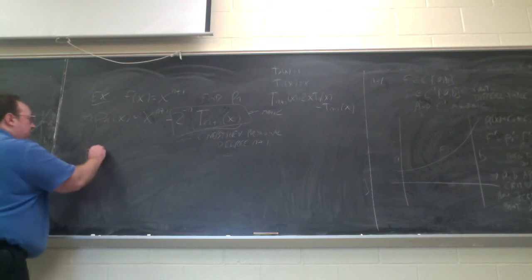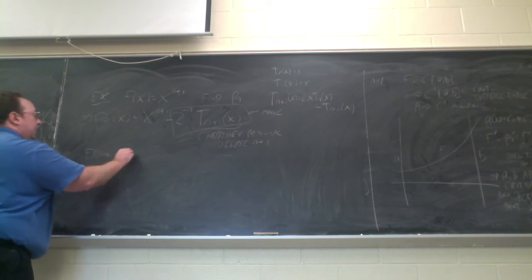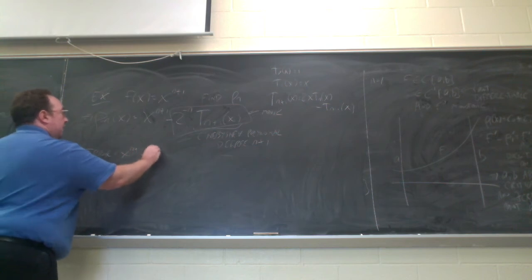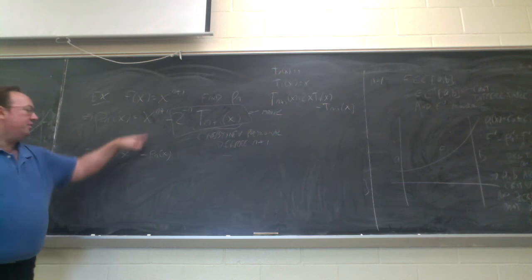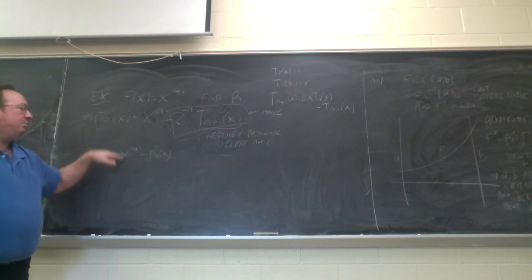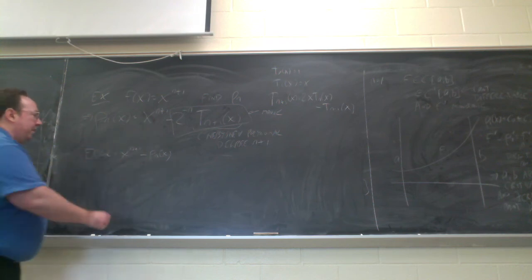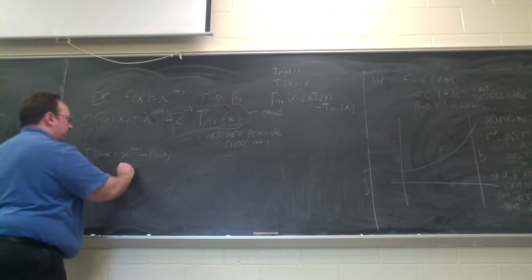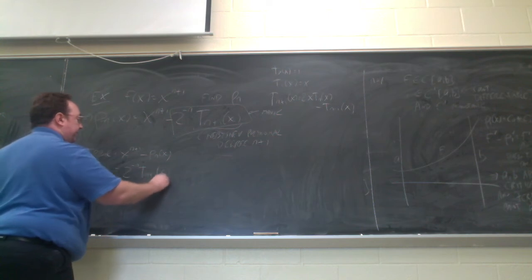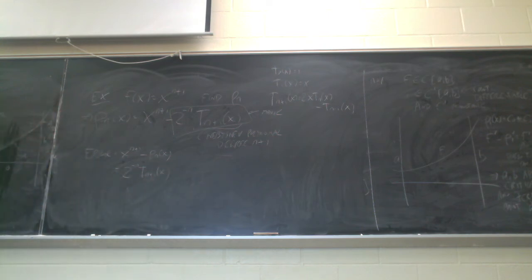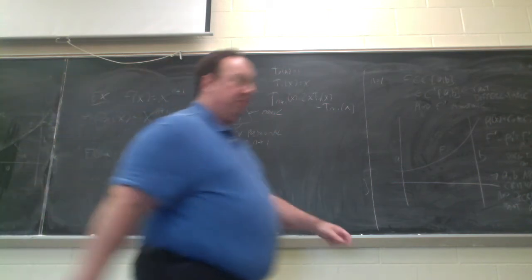Well, the error is x to the n plus 1 minus Pn. I plug this in, and the x to the n plus 1s cancel. So the error is 2 to the minus n T n plus 1 of x. What I want to know is, where do Chebyshev polynomials have their maxes and mins? And the nice thing is there's a formula for that.